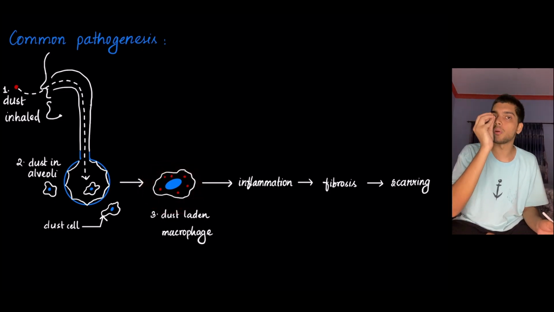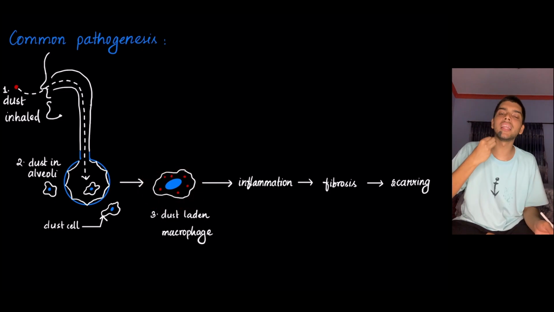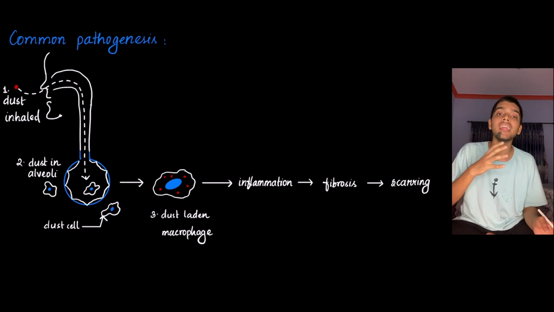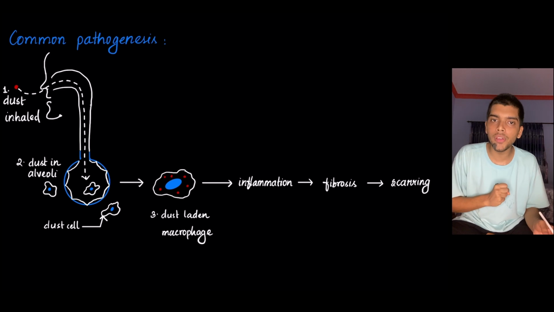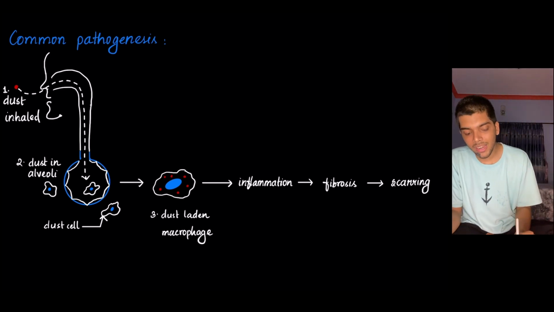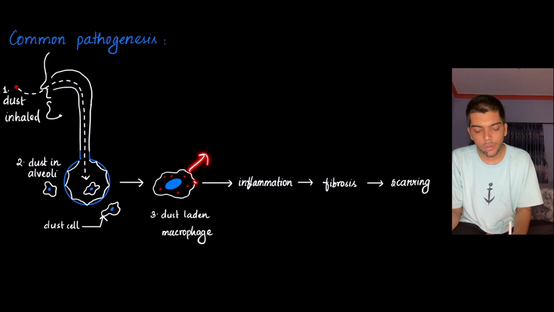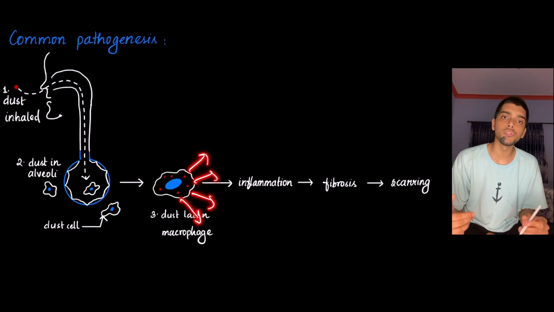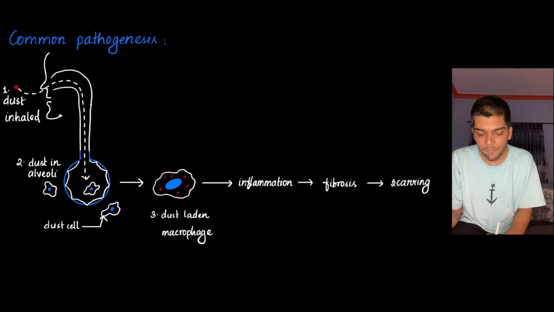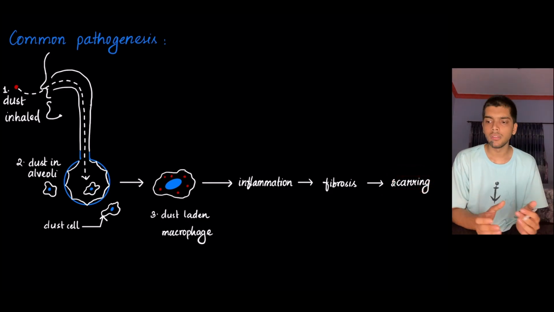All right, so there was dust, you inhaled that dust, the dust reached the alveoli of your lung, and it got eaten up by the dust cell or the macrophage. Now you have the dust-laden macrophage. This triggers the macrophage to produce cytokines, in response to which inflammation takes place, which is followed by healing by fibrosis, and then finally scar formation.